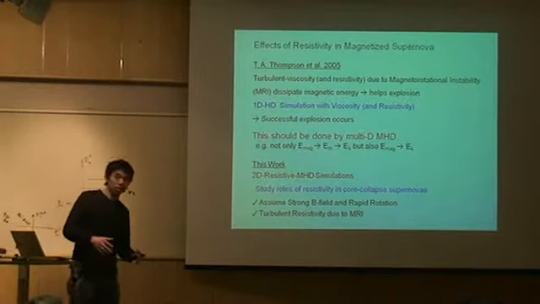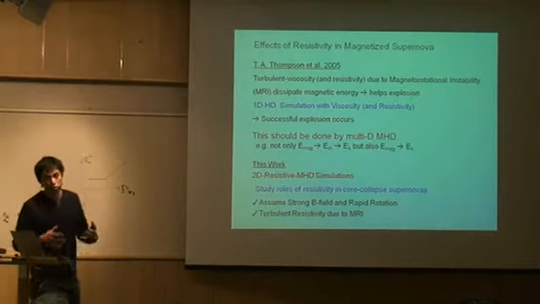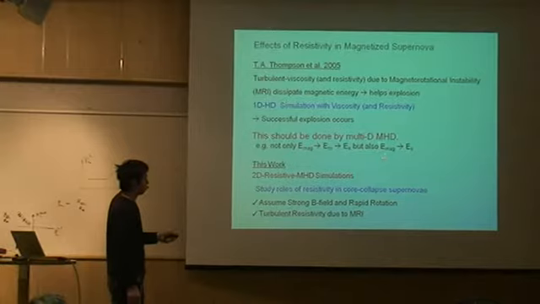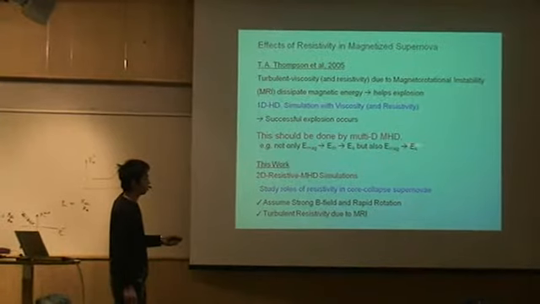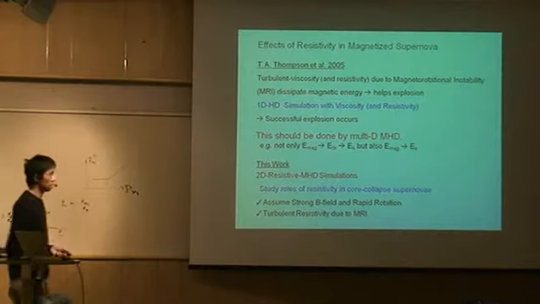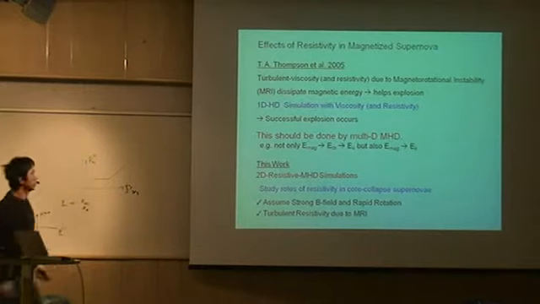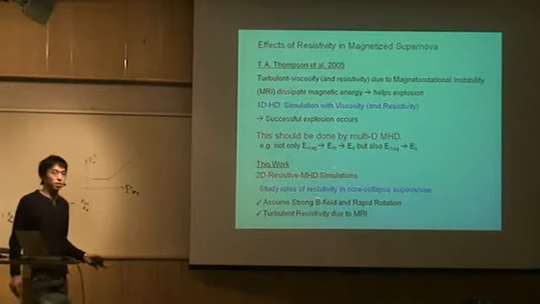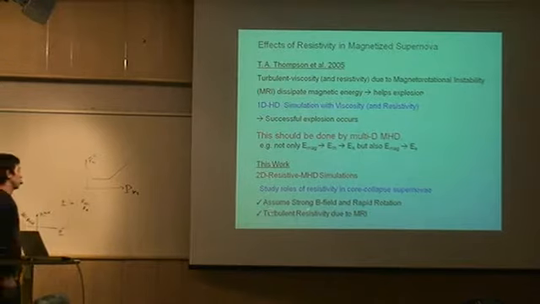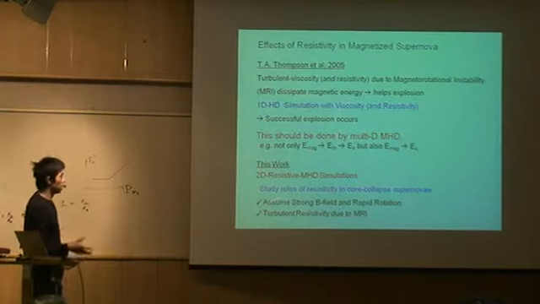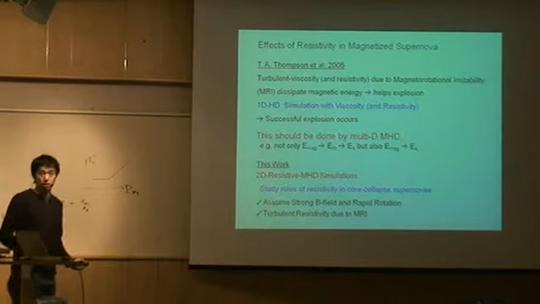However, in reality and in multi-dimensional MHD simulations, direct conversion of magnetic energy to kinetic energy should be considered and can occur. So in this work, we carry out two-dimensional resistive MHD simulations to study roles of resistivity in collapse of supernovae. We assume initially strong magnetic field and rapid rotation, and also turbulent resistivity due to magnetorotational instability.